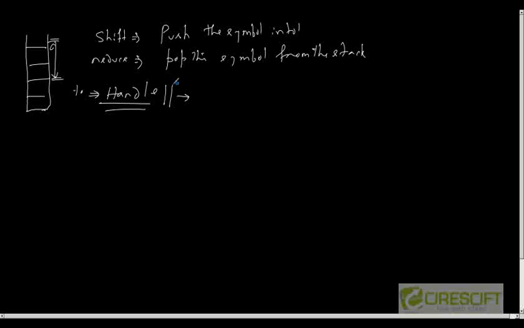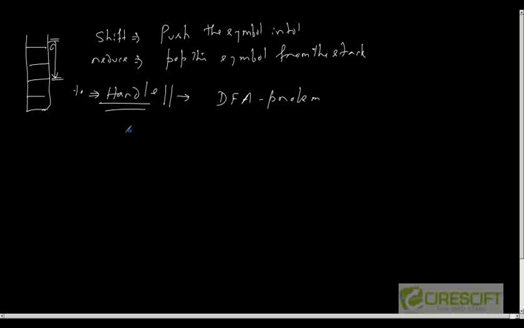That means when we find a valid handle on the top of the stack, we go for reduce instead of shift. Now, matching a valid handle in the stack can be translated into a DFA problem, where I have certain states and the accepting state is encountered when we match a valid handle in the stack. So let us see the overall architecture.